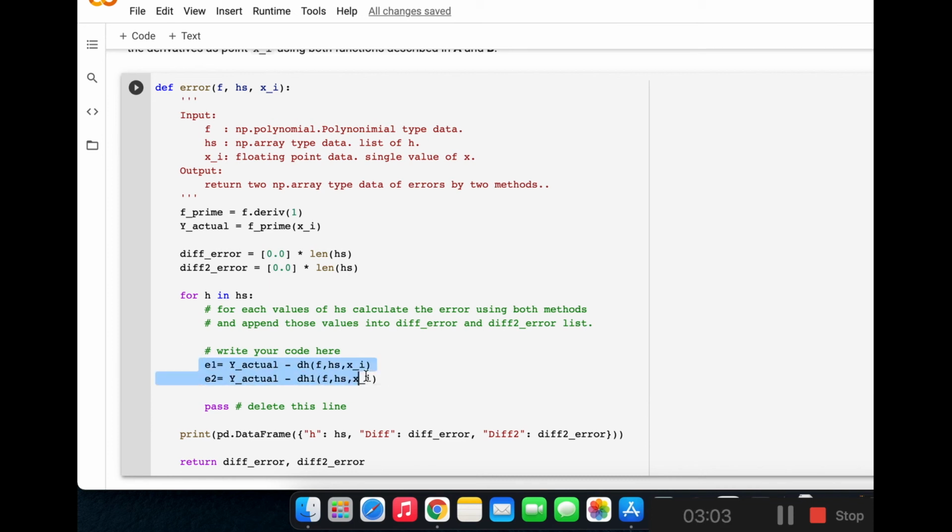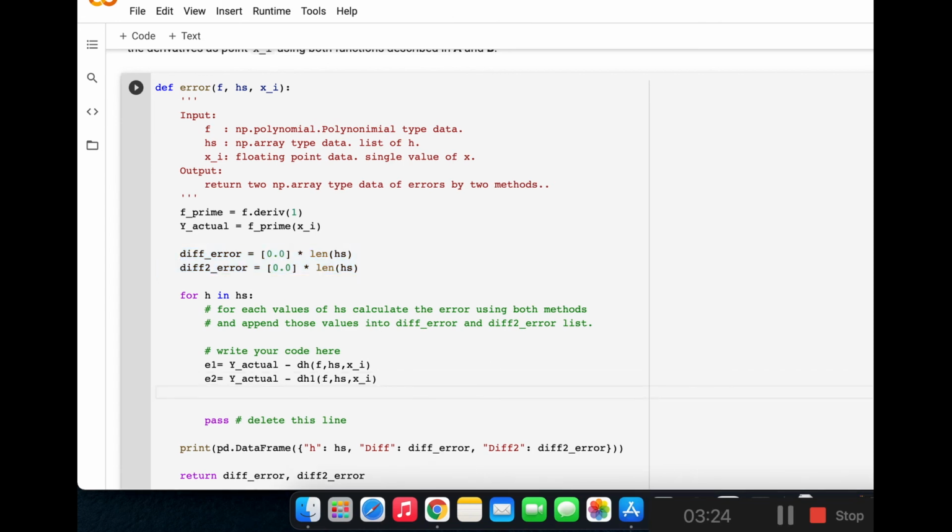After calculating the error, what we are told to do is append these values into the difference error and difference to error lists. Doing this is pretty easy.